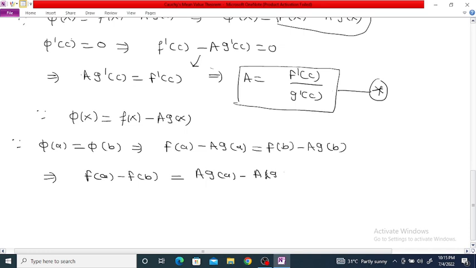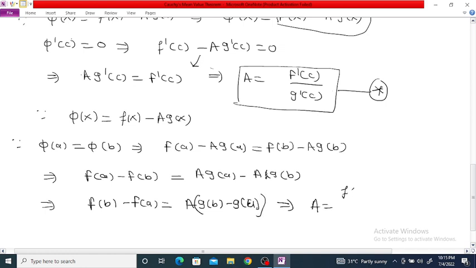If we multiply both sides by minus sign, we get f of b minus f of a is equal to a times (g of b minus g of a). So a is equal to f of b minus f of a divided by g of b minus g of a. This is the value of a.